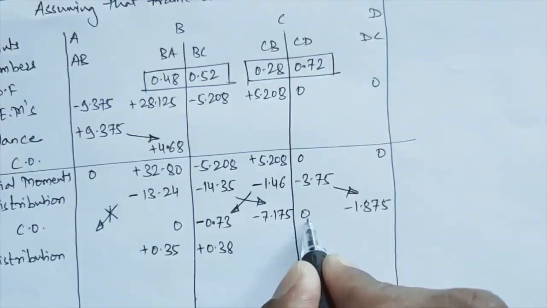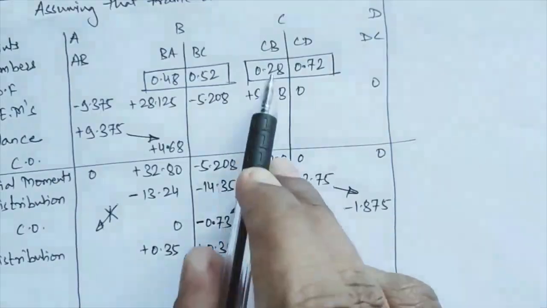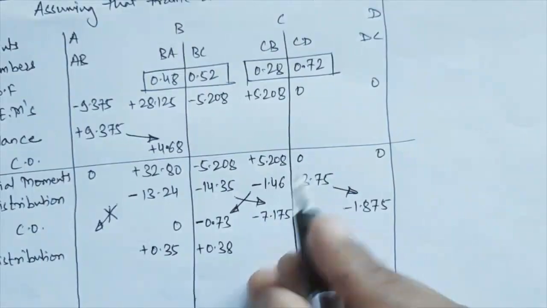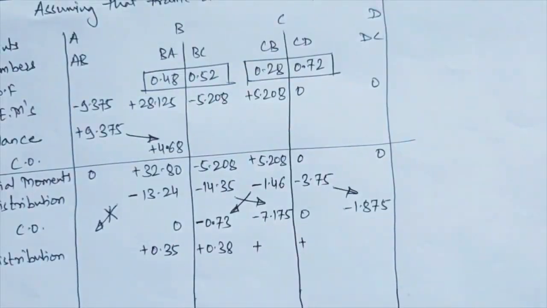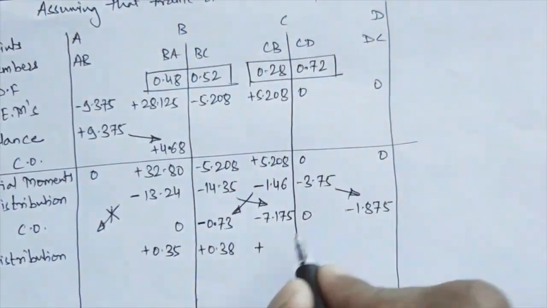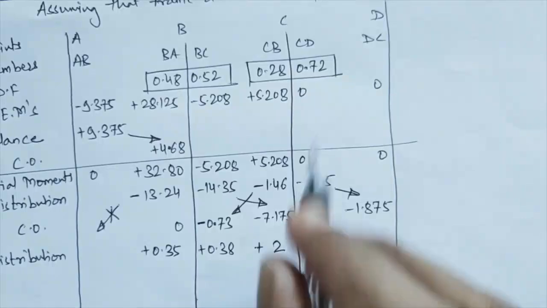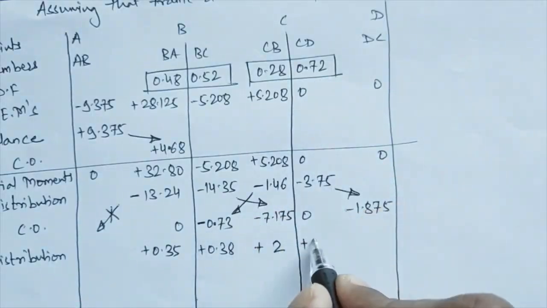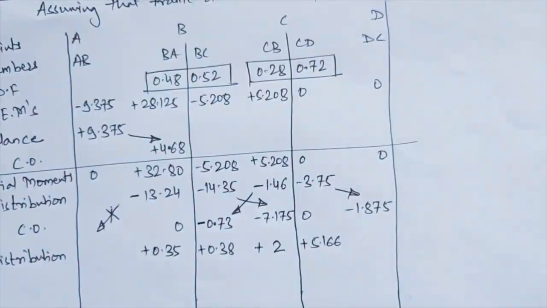Same way, you have to distribute this minus 7.175 with these distribution factors. The summation is negative, so the distribution will again be positive for both. So 7.175 into 0.28 comes almost equal to 2, and 7.175 into 0.72 comes almost equal to 5.15.